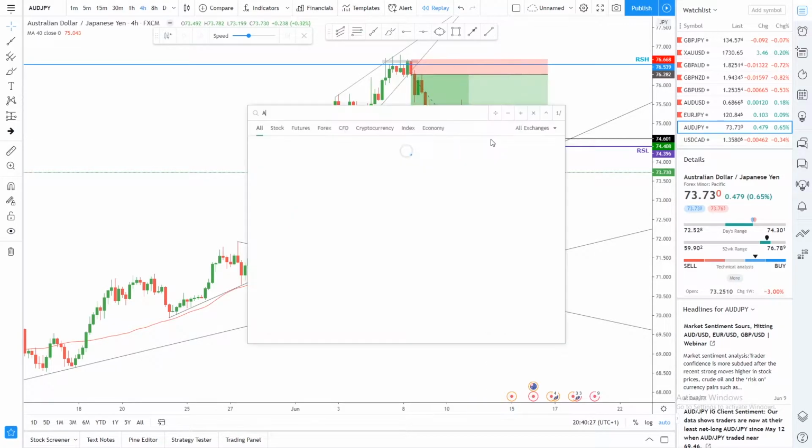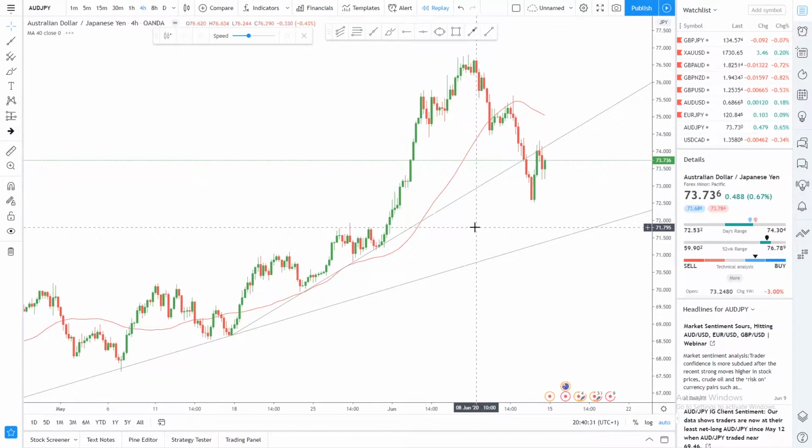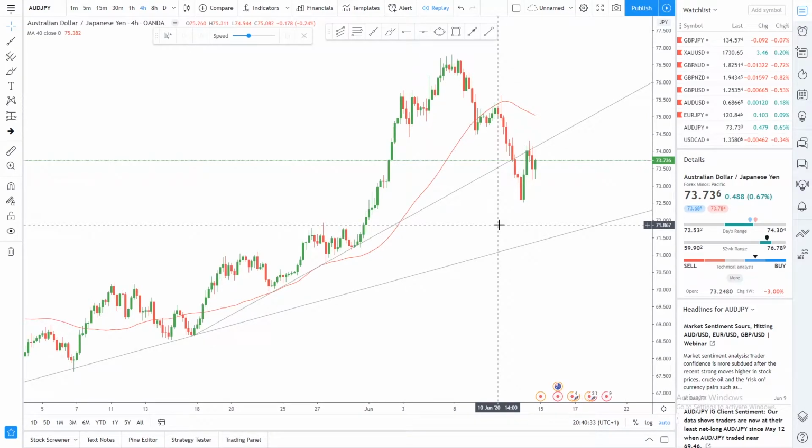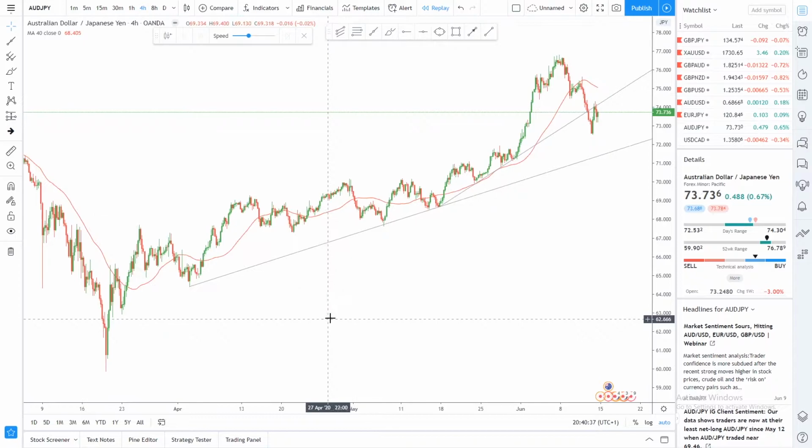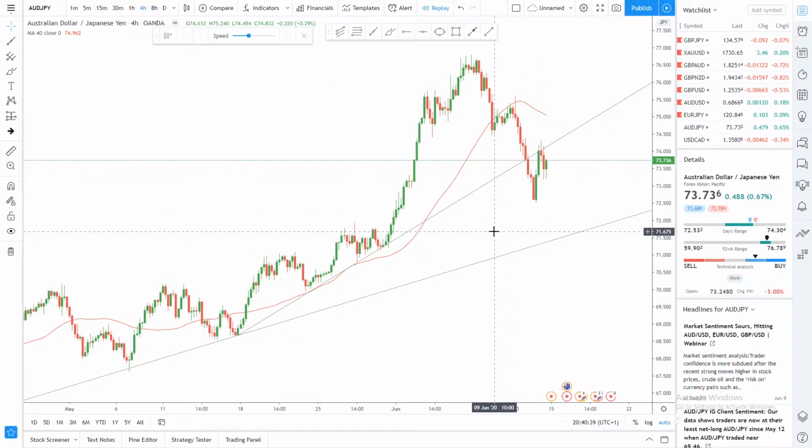So to start, we're going to go on to a different chart, a clean chart, and here you go. As you can see, I've already mapped out the two trend lines that I had bullish wise, and I had these two trend lines for a specific reason.